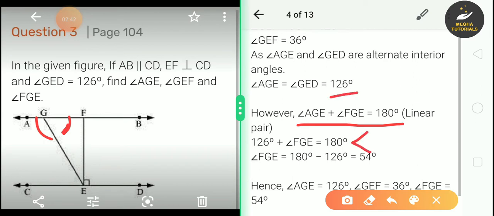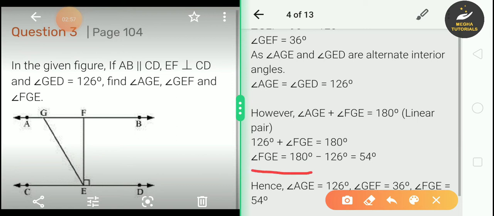So substitute value in this equation to get 126 degree plus angle FGE is equal to 180 degree. Then we can transpose 126 degree to RHS so that angle FGE is equal to 180 degree minus 126 degree. It means angle FGE is equal to 54 degree.